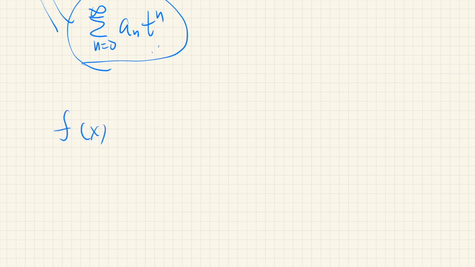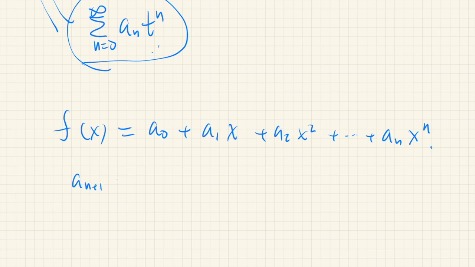Consider a polynomial that is a_0 plus a_1 x plus a_2 x squared and so on up to a_n times x to the power of n. So this is a polynomial function of x, but this can be regarded as a power series if we set a_(n+1) and a_(n+2) and so on equal to 0.